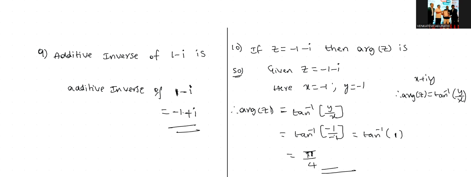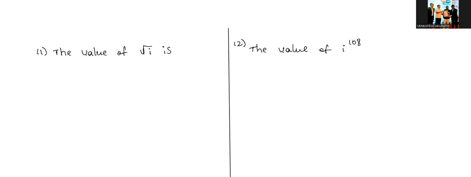And the next one is, the value of root i is very, very important. We know that i is equal to square root of minus 1. Let square root of i be equal to a plus ib.